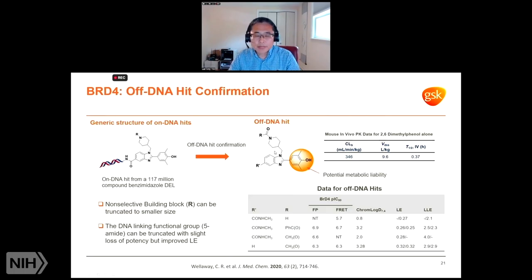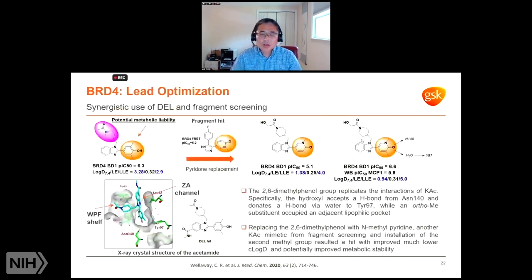This series was driven by this dimethylphenol moiety. But this phenol moiety is a potential metabolic liability because it's readily metabolized, for example, in the rat, and has very poor mouse in vivo PK data.